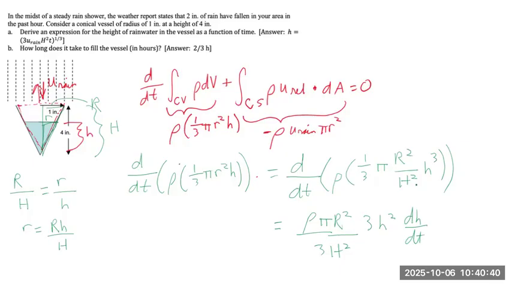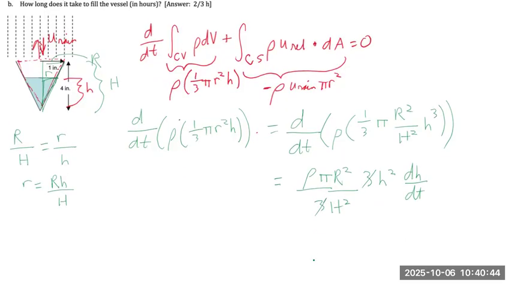And the threes cancel out actually. So we are left with rho times pi times r squared over h squared times h squared times dh/dt.